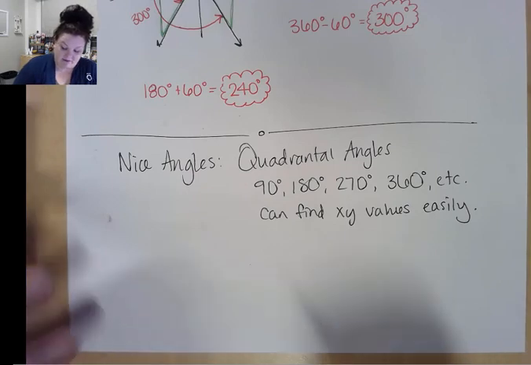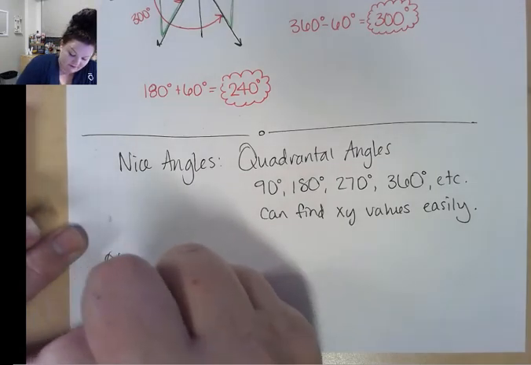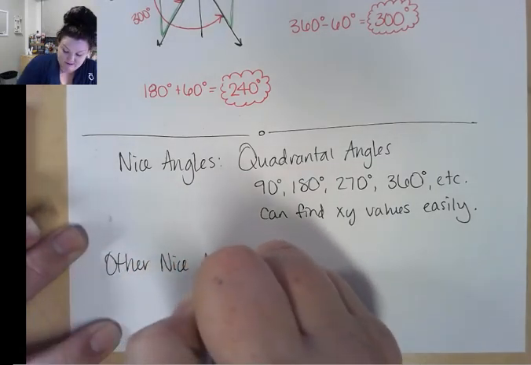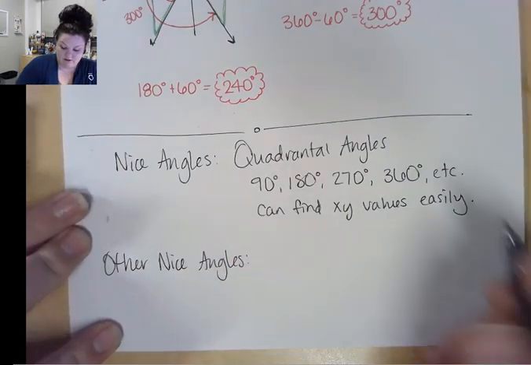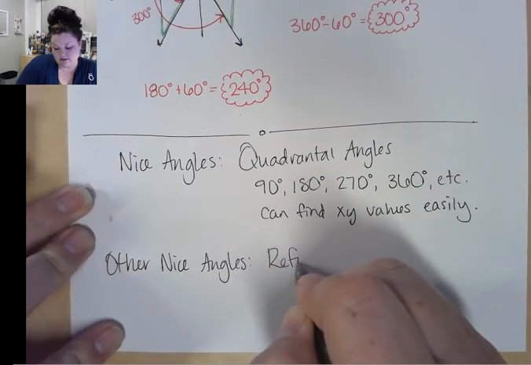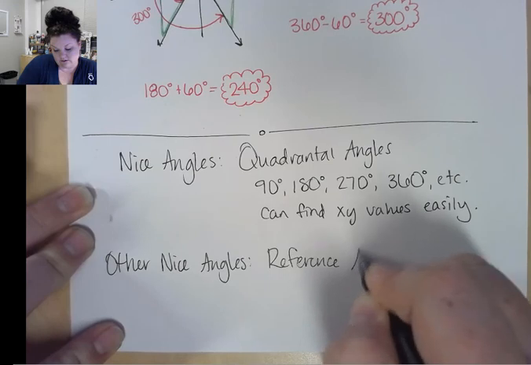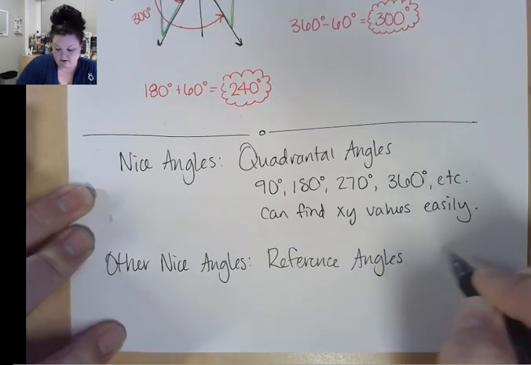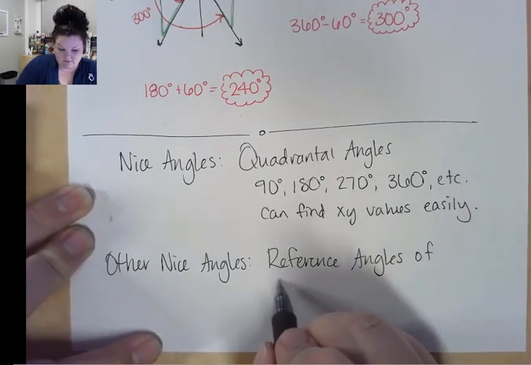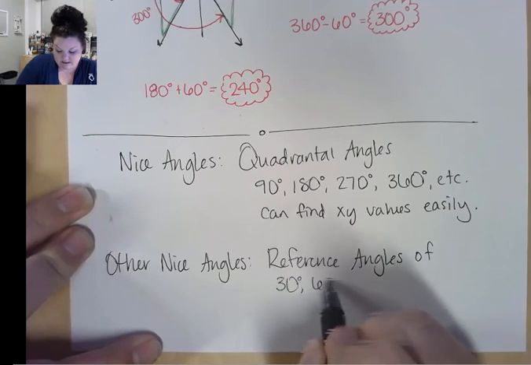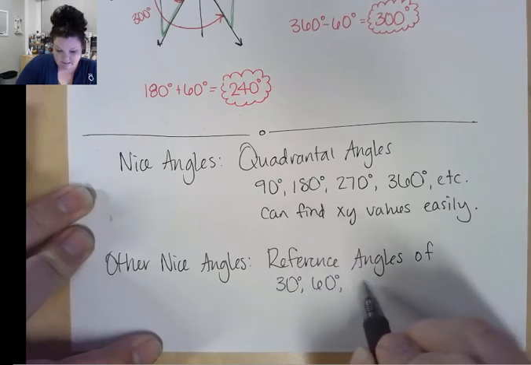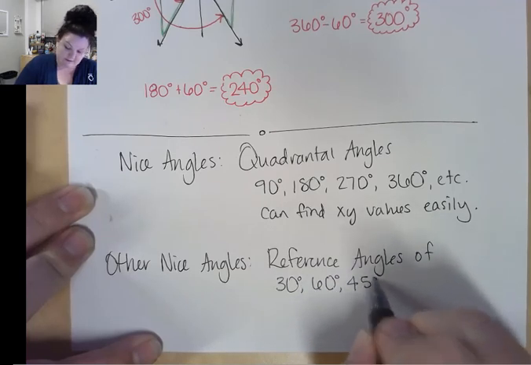But we also now have these other nice angles, we'll call them, which create reference angles. Reference angles of 30 degrees, 60 degrees, or 45 degrees.